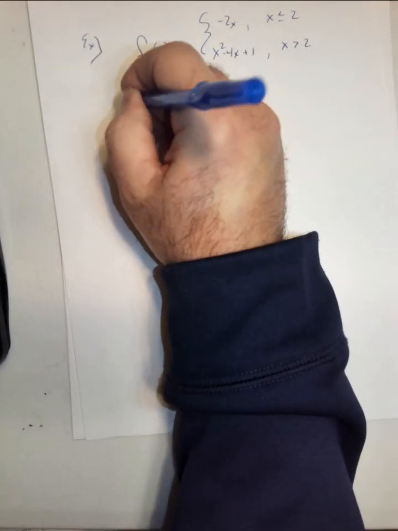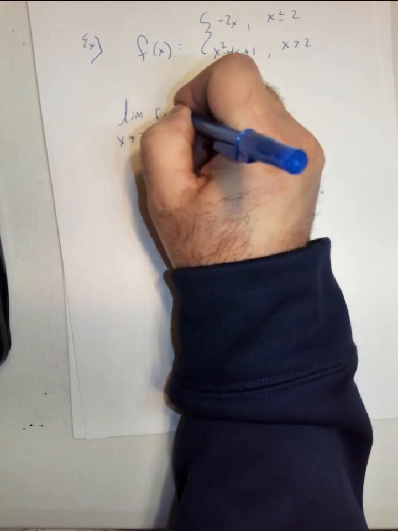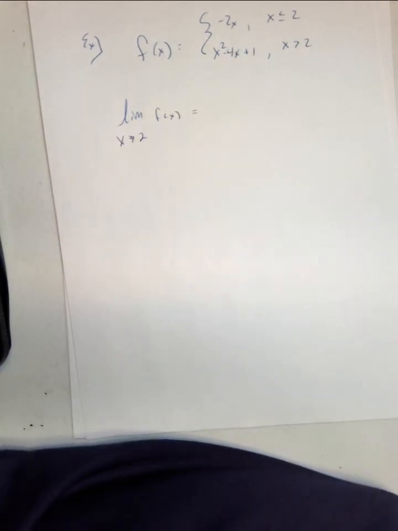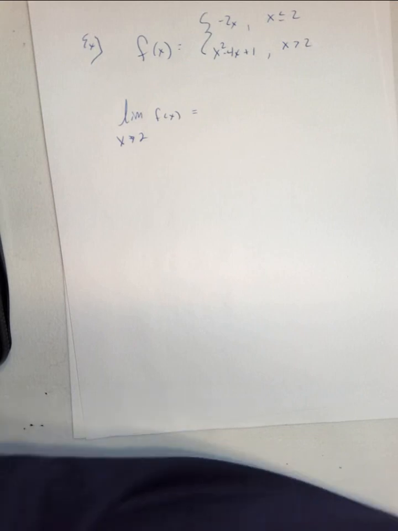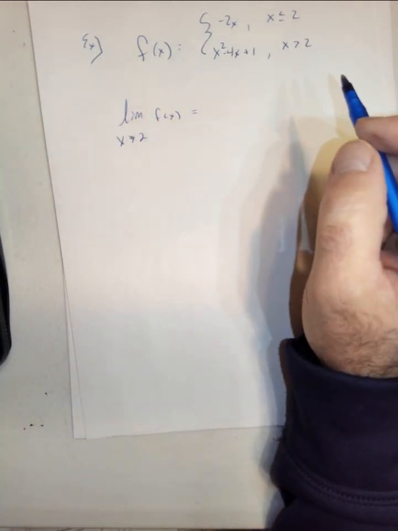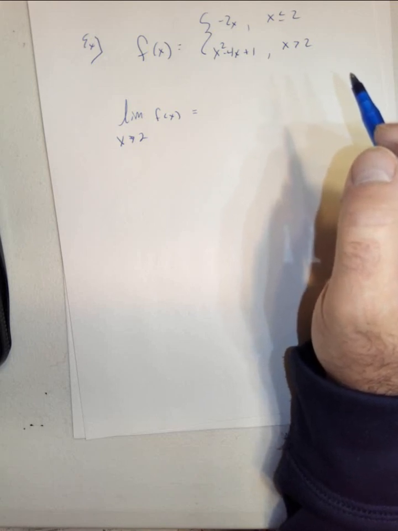And we want to find the limit when x approaches 2 of f of x. So, again, we're going to go ahead and plug it in, just like we always do.